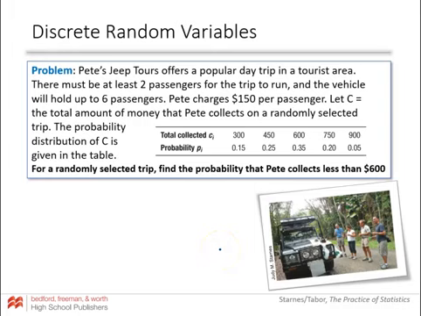If I want the probability that Pete collects less than $600, that's got to be these 2 events here, the only 2 that are less than 600. I would add 0.15 plus 0.25, and that would give me 0.40. That's the probability that Pete collects less than $600 on a randomly selected trip.